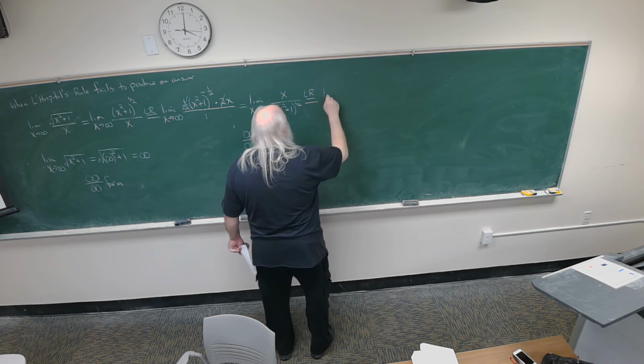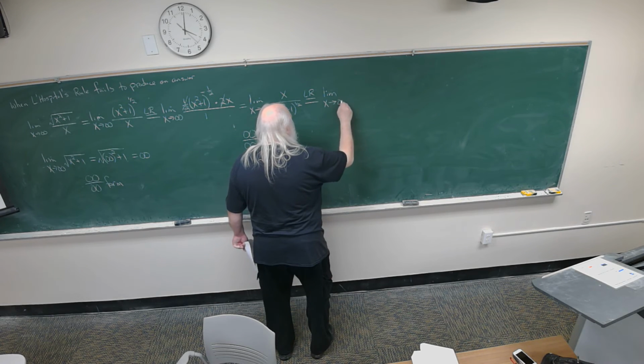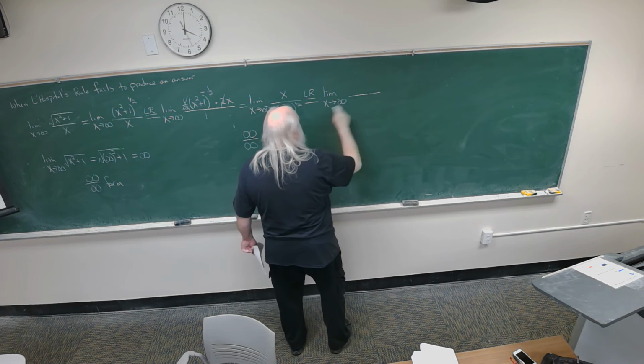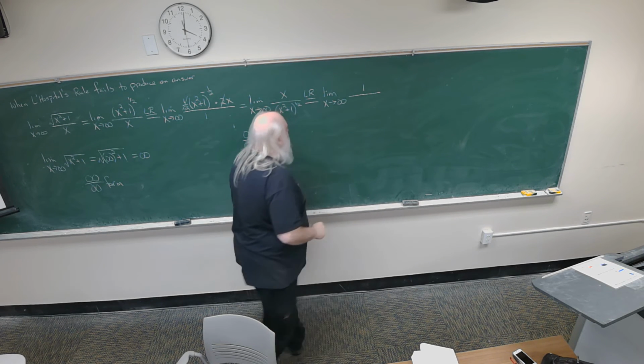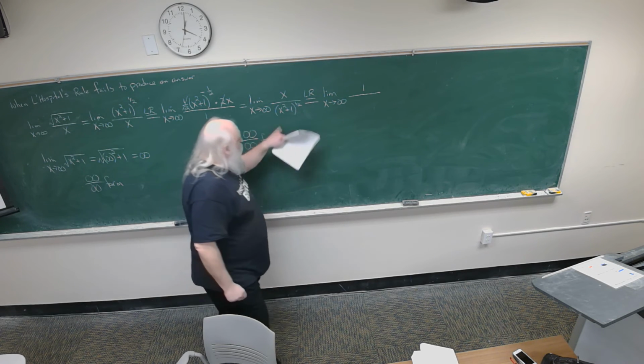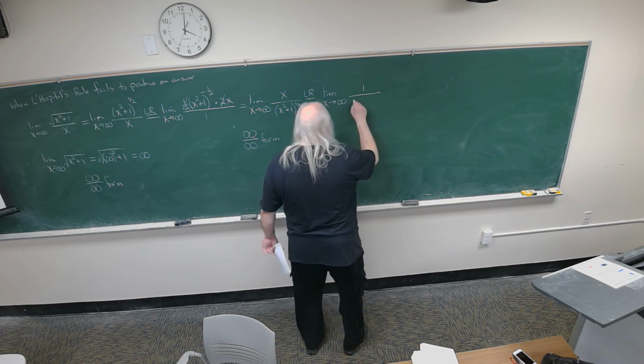So we have the limit as x increases without bound. The derivative of x is 1. And now we differentiate the denominator. Bring the 1/2 down from the left parentheses.